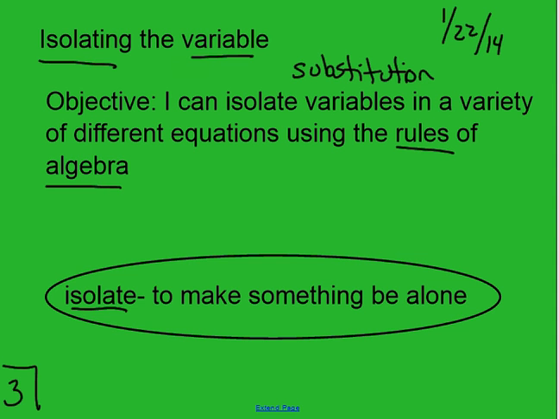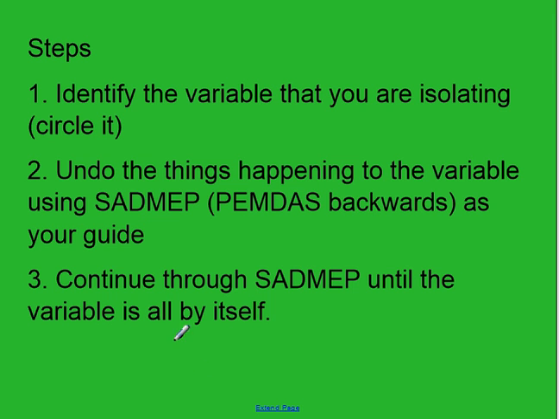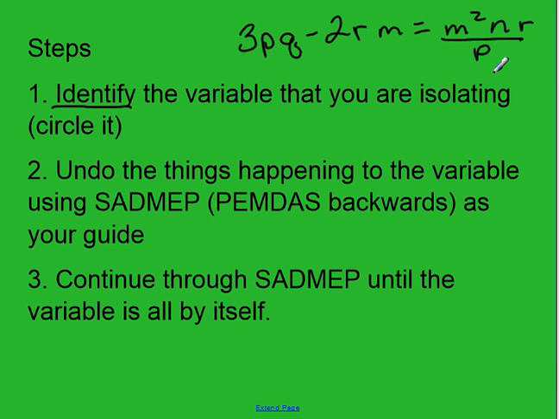All right, so let's jump right in. The steps that we need to do in order to isolate the variable are a little bit confusing when they're just written in sentences, but as we work through some examples, they'll make more sense. First, you have to identify the variable that you're isolating. You might end up with an equation like 3pq minus 2rm equals m squared nr over p.